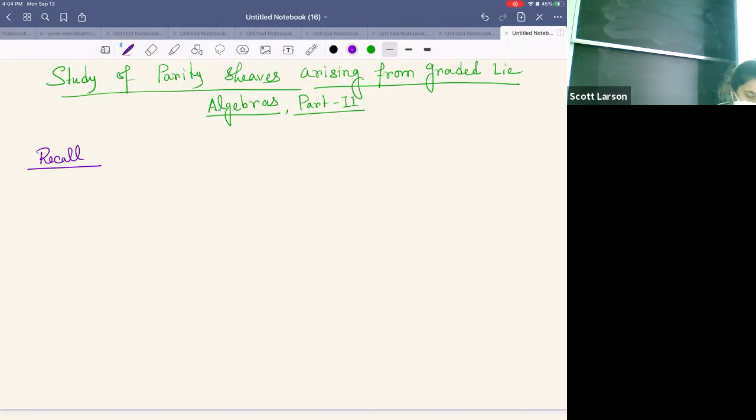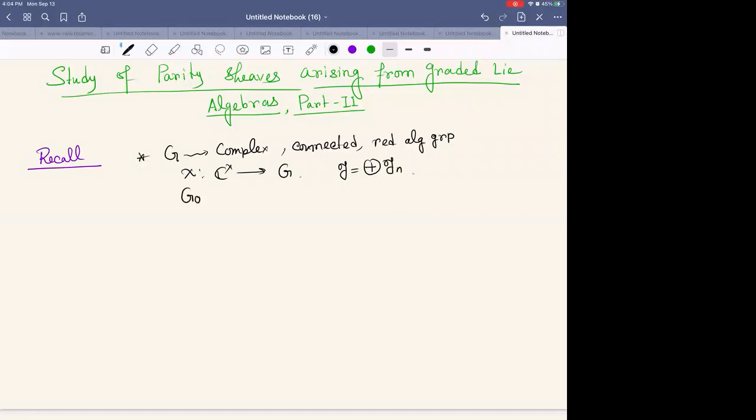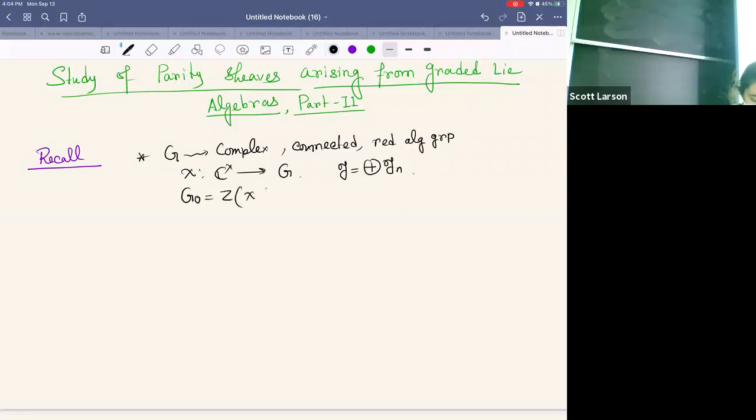So last time we started with a group that was a complex, connected, reductive algebraic group, and then we fixed a cocharacter map, which gave us the grading on the Lie algebra, and also a group G0 that was the centralizer of the image, and we got that G0 acts on Gn.